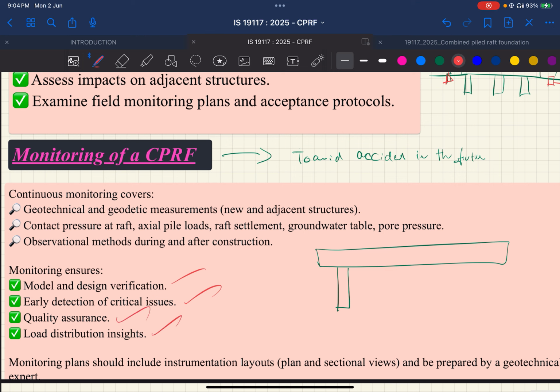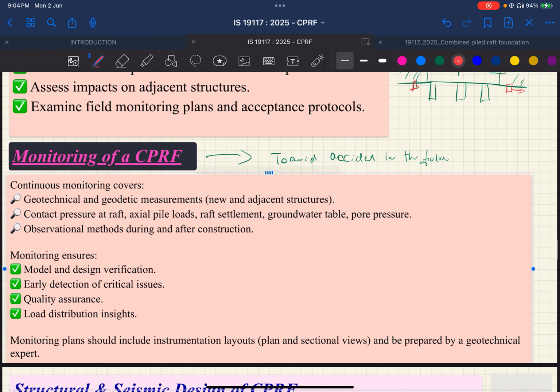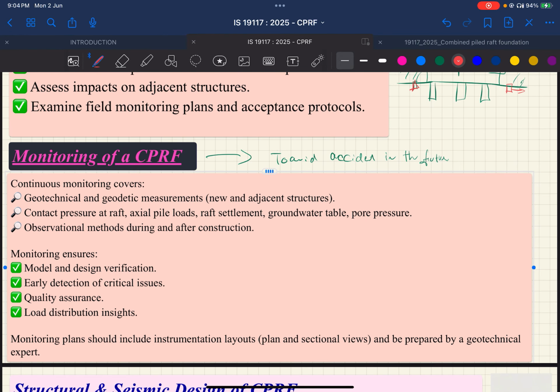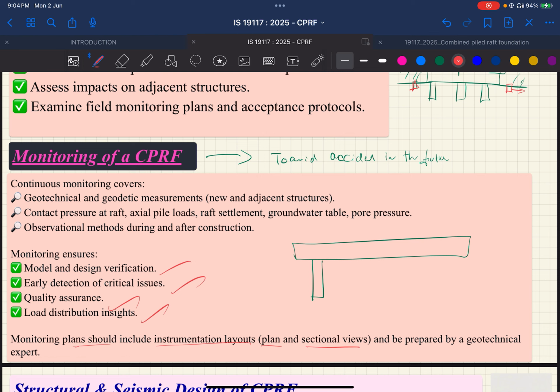In this we can easily observe whether the distribution of the load is uniform or uneven between them. So, the monitoring plans should include instrumentation layout like plans and sectional views and be prepared by geotechnical experts like us.